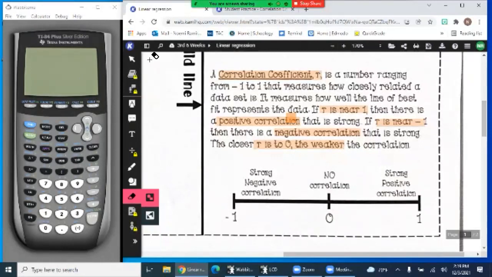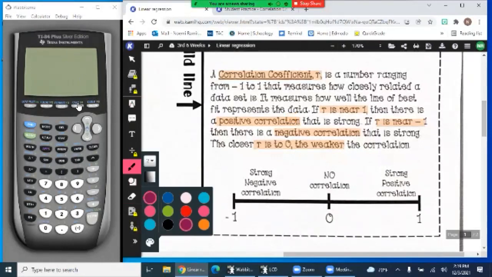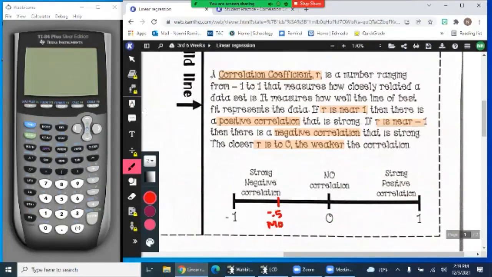There are two other words that we use to describe the correlation coefficient. What are they? What did we put in the middle? Moderate. Negative 0.5 is between 0 and -1, and that is considered moderate negative. And in between 0 and +1 is what? 0.5, and that's moderate positive.